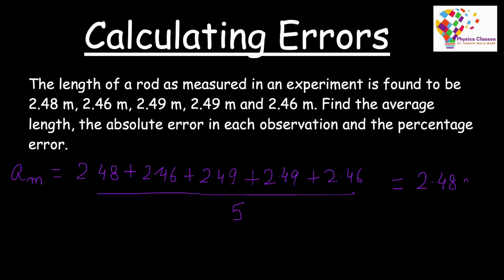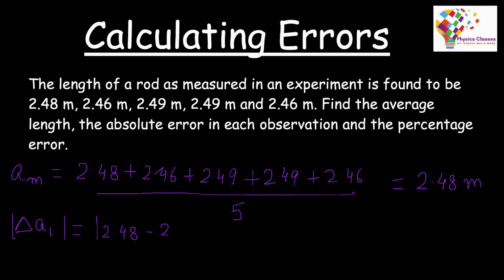Now I have to find the absolute error in each of these. To find the absolute error delta A1, I do 2.48 minus 2.48, so the absolute error in the quantity A1 is actually 0.